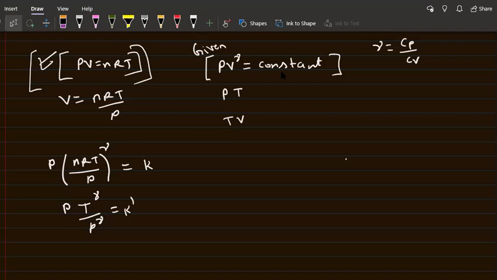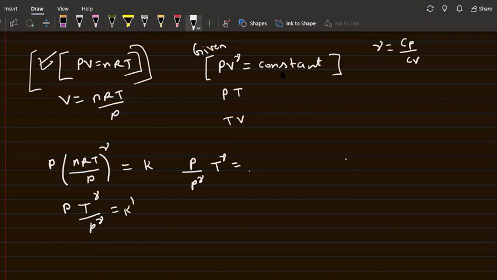Okay, very good. So I can write like this: P to the power 1 minus gamma. I'll just write it over here. So it will be P by P to the power gamma into T to the power gamma is equal to constant, right? Or I'm just writing as K dash only.